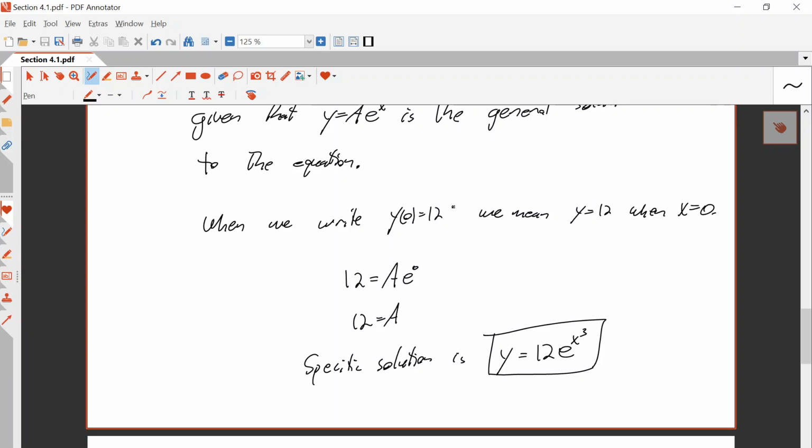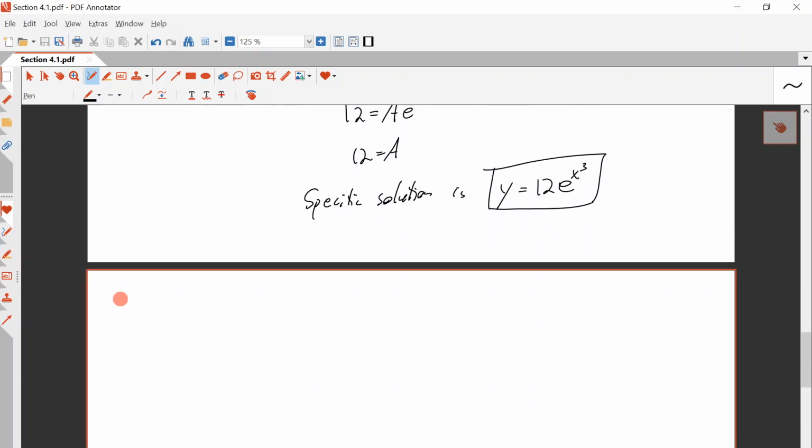So what are some techniques used for solving differential equations?